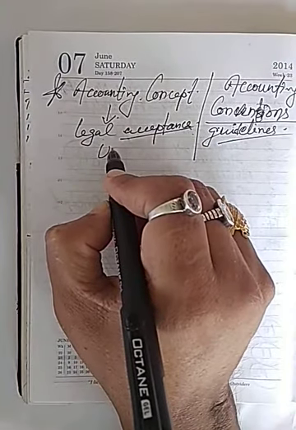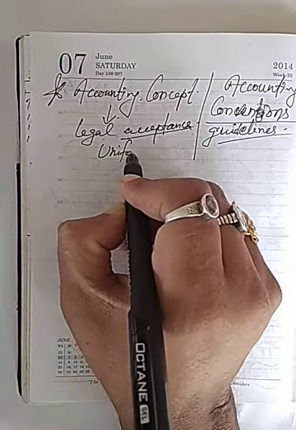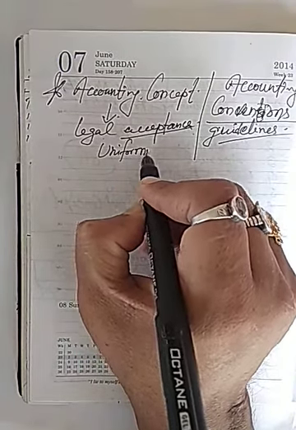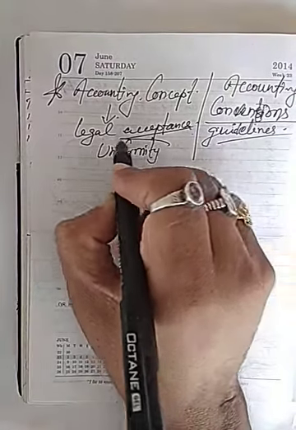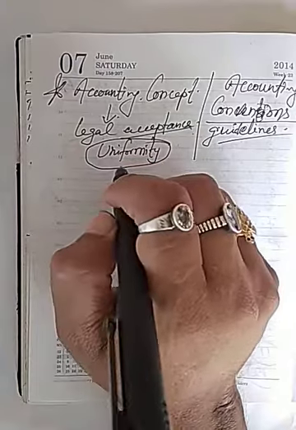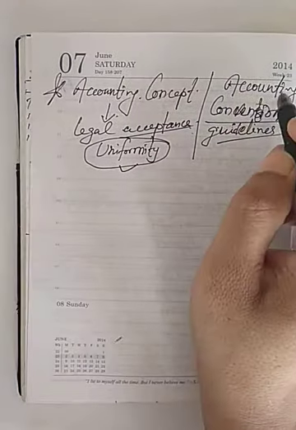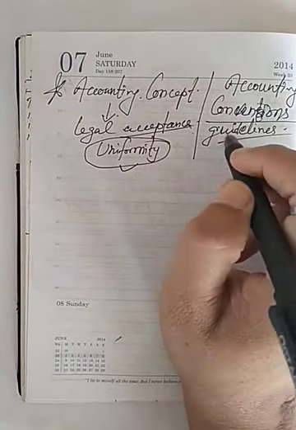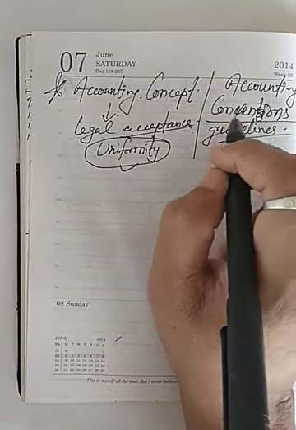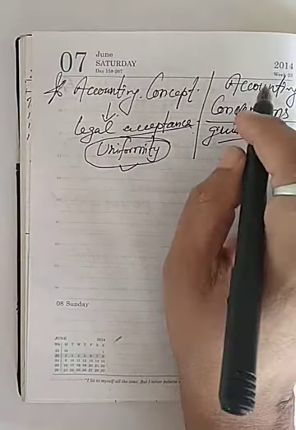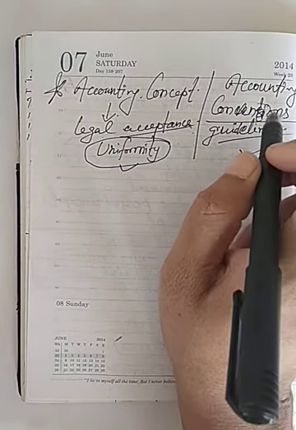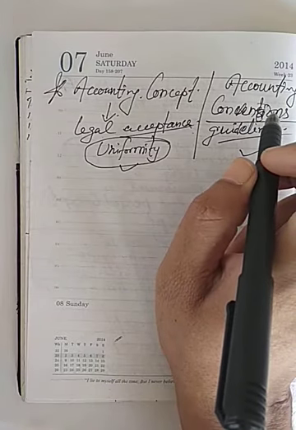Uniformity is the most important point under accounting concept, but in case of accounting conventions, there is no uniformity in the adoption of accounting conventions in various enterprises.